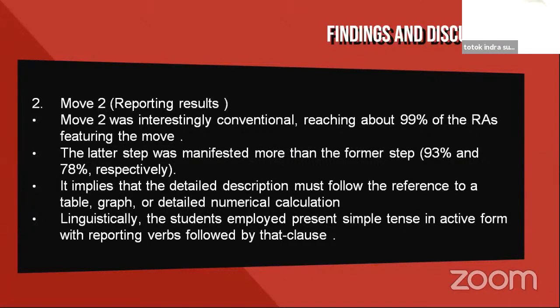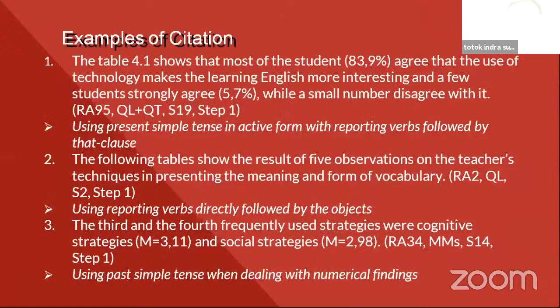Okay, and then the last, let's talk about the linguistic realization. It implies that the detailed description must follow the reference to a table or graph. Linguistically, the students employed present simple tense, in active form, not passive, with a reporting verb followed by a that-clause. This is the example. Table 4.1, because reporting the result is talking about the table.